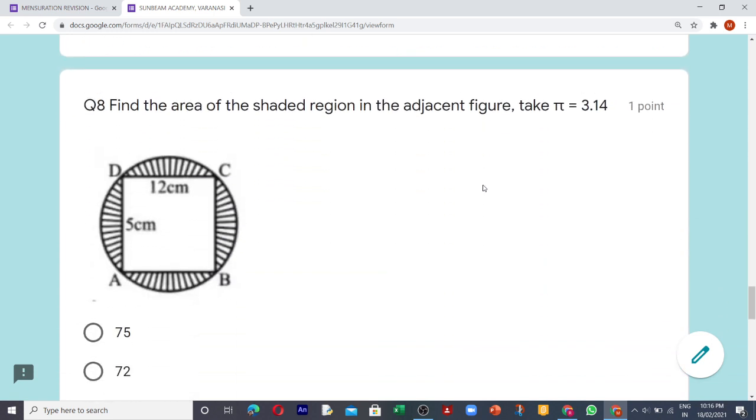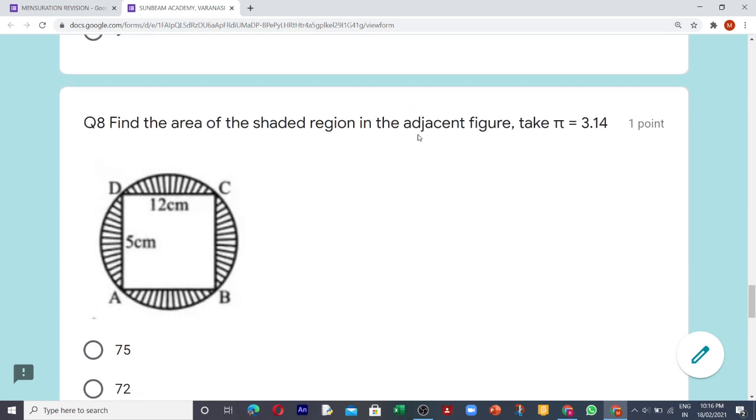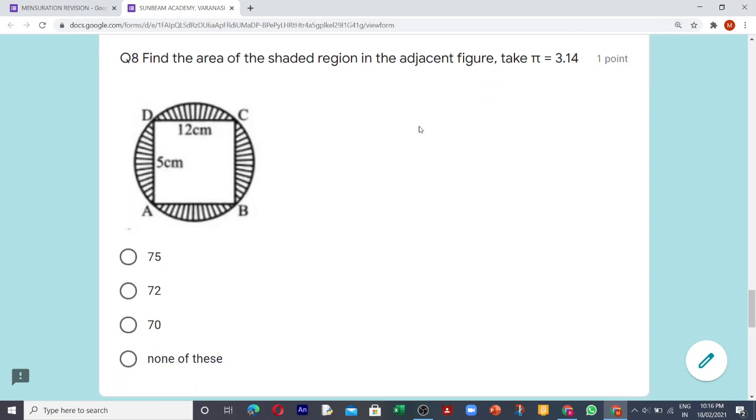Now see. We have to minimize this a little bit. Okay, see question number 8. Now it's fitted here. Find the area of shaded region in the adjacent figure. Take pi is equal to 3.14.